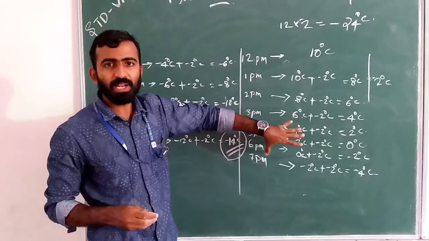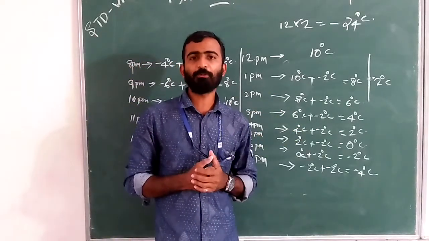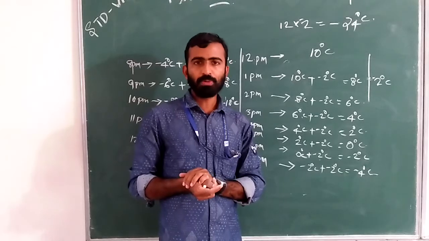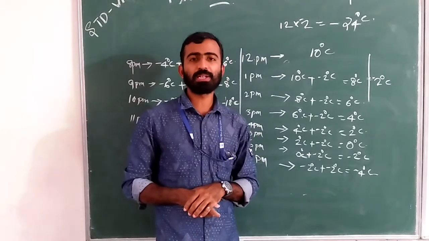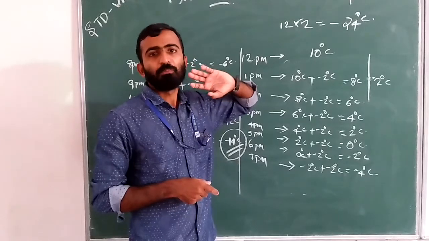Another method is, we know the difference between midnight and noon is 12 hours, so the room temperature must be decreasing by 2 degrees per hour.